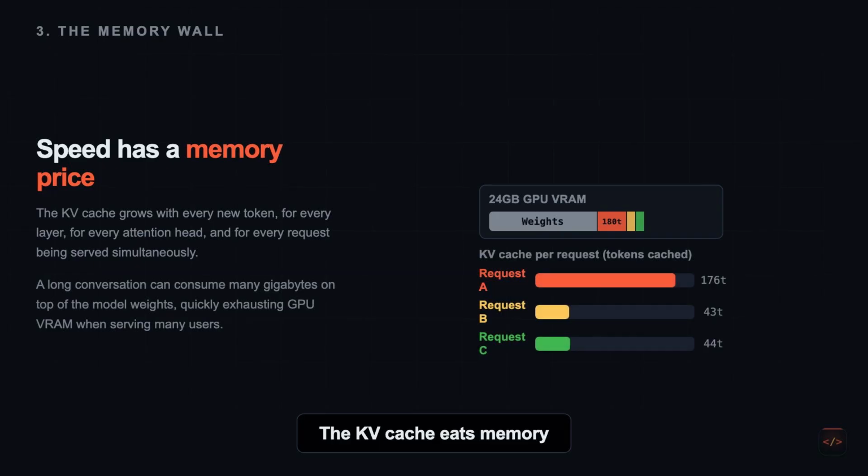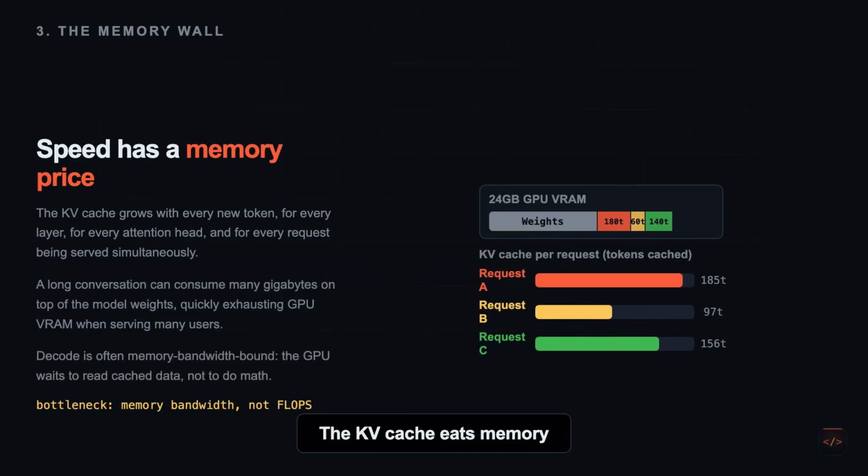The KV cache buys speed, but it costs memory, and that becomes the real bottleneck. The cache grows with every token, for every layer, for every attention head, for every request you serve at once. A long conversation with a big model can need many GBs just for its cache, on top of the actual model weights.